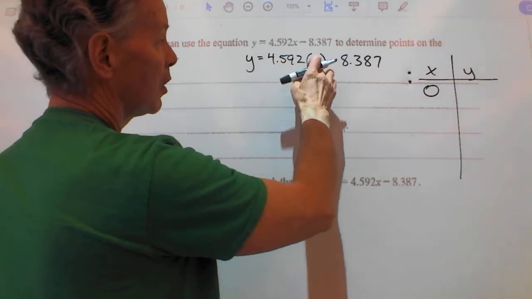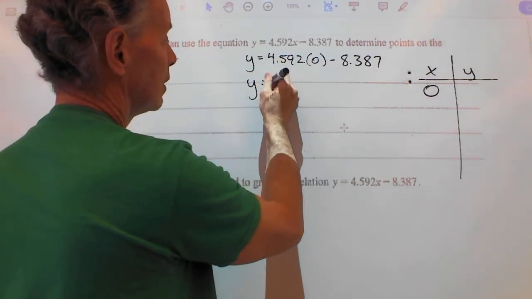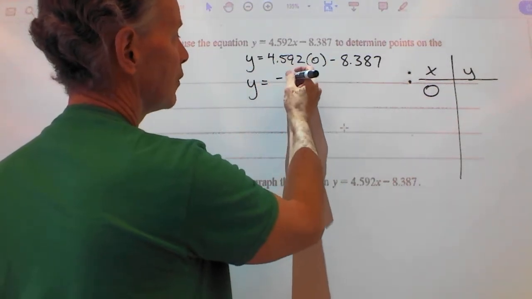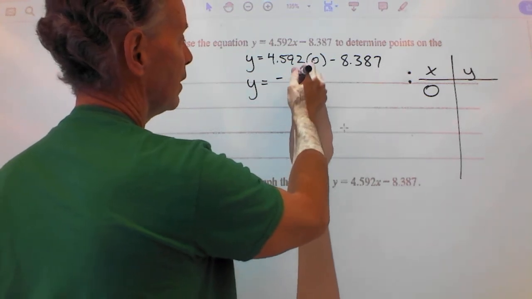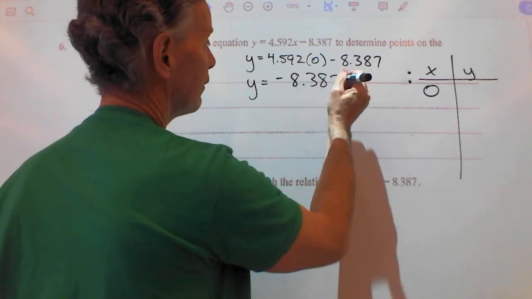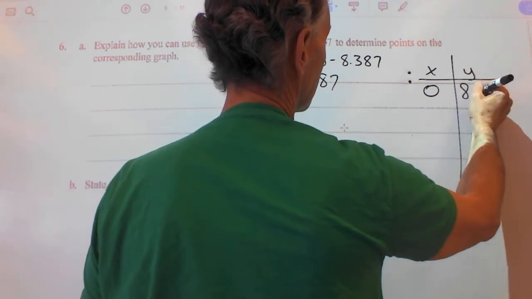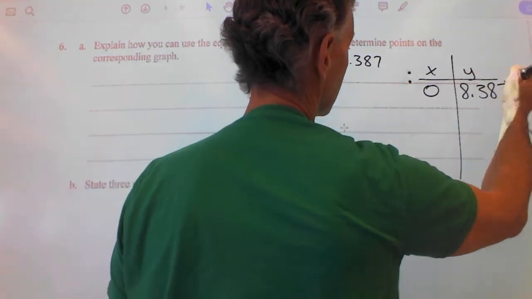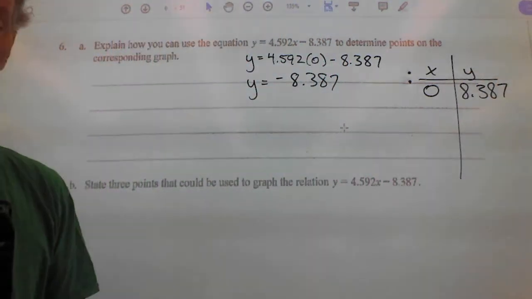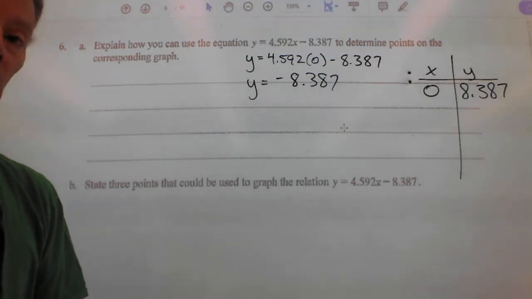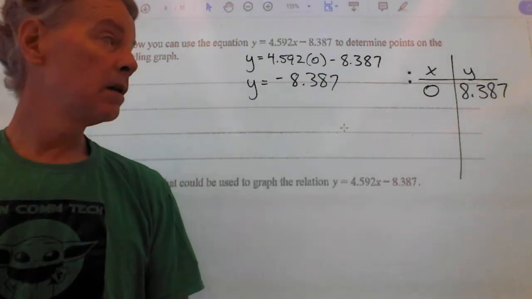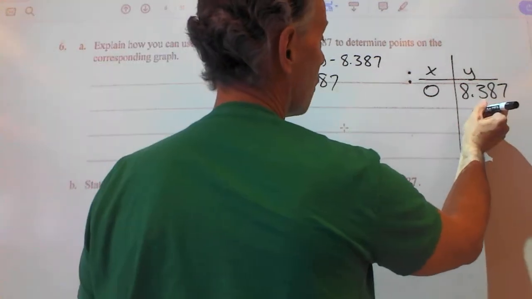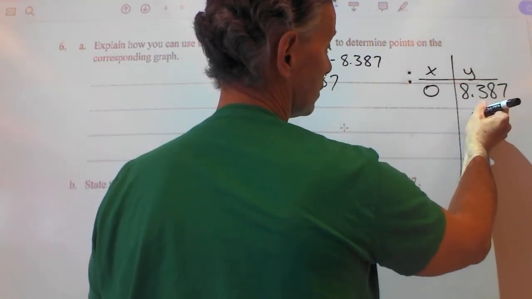Because you know when you multiply these together, you're going to get 0. So y equals minus 8.387. That gives us our y value, -8.387.